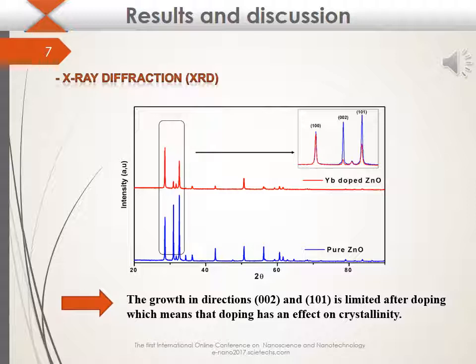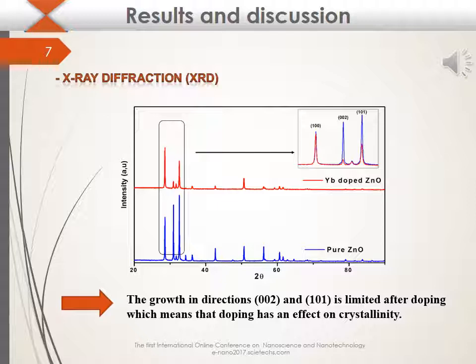For the results of structural properties of our samples, this figure shows the X-ray diffraction pattern of pure and ytterbium doped zinc oxide nanorods. As we can see from the spectra, there is the presence of a hexagonal wurtzite structure without any diffraction peaks of ytterbium-related impurities.